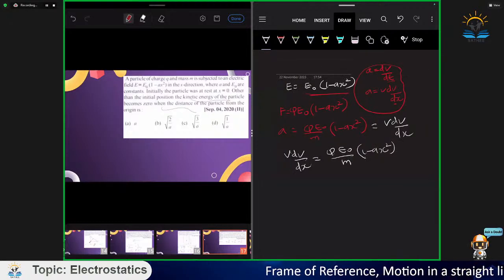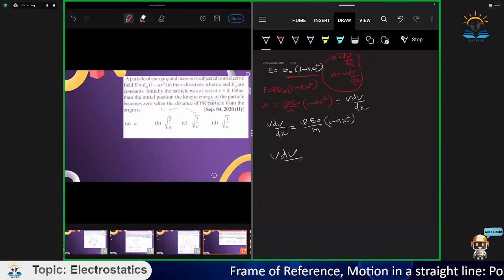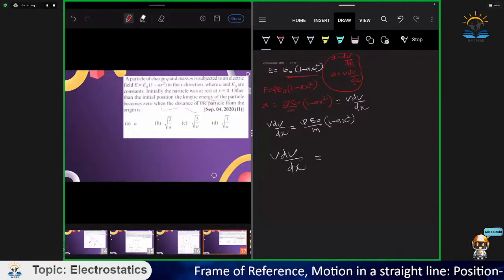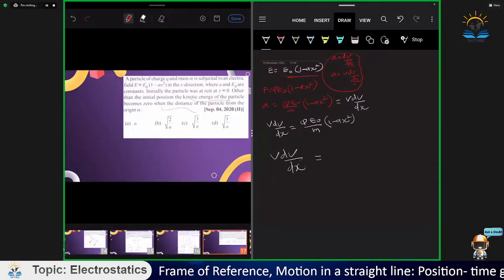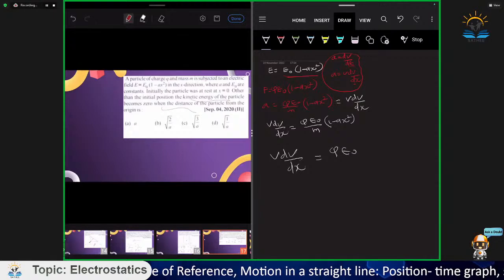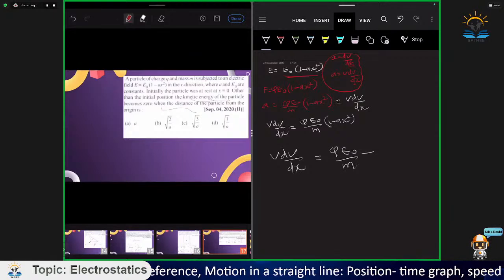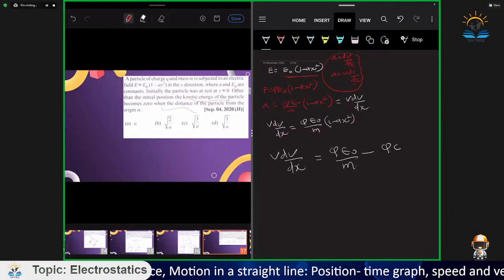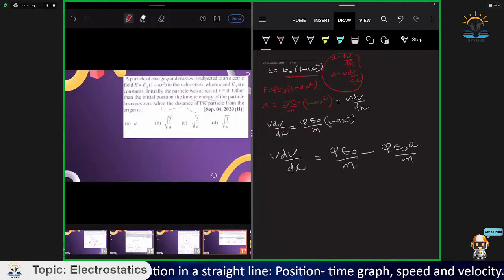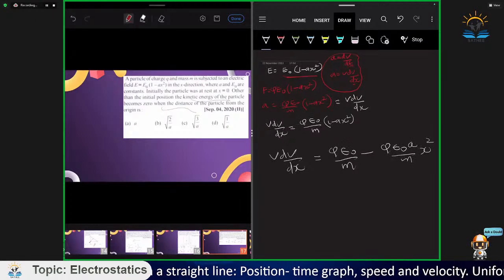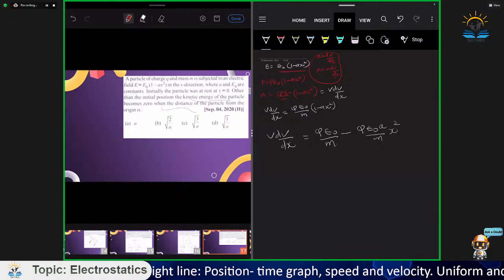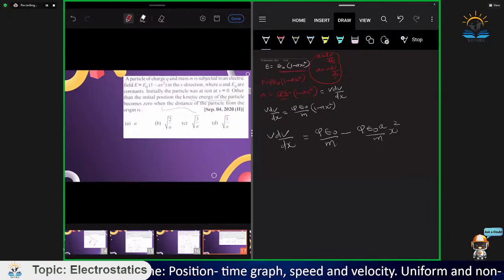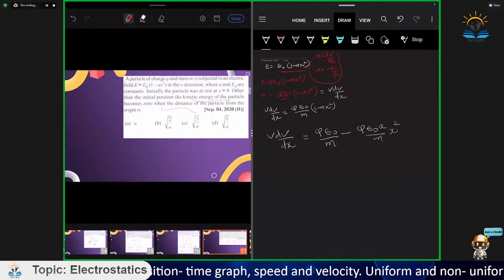We simplify this equation. V dV by dx is equal to Q E0 by M minus Q E0 A by M x square. Now integrate this.